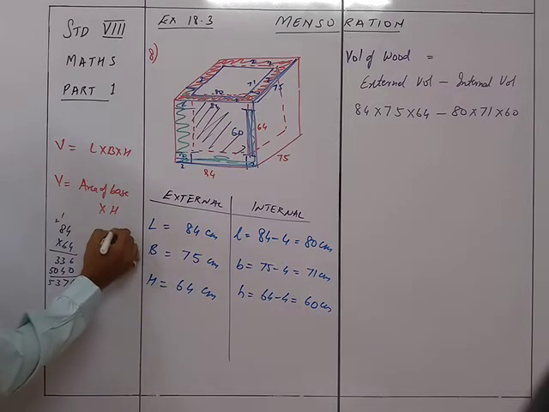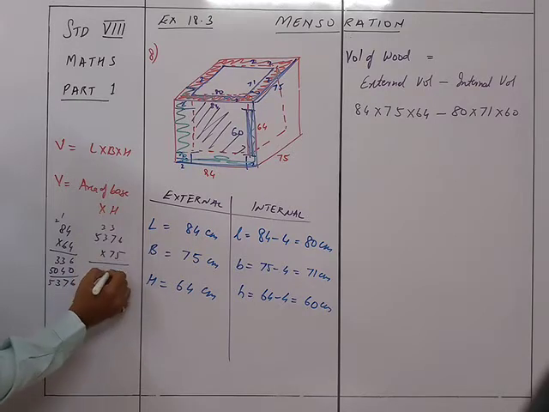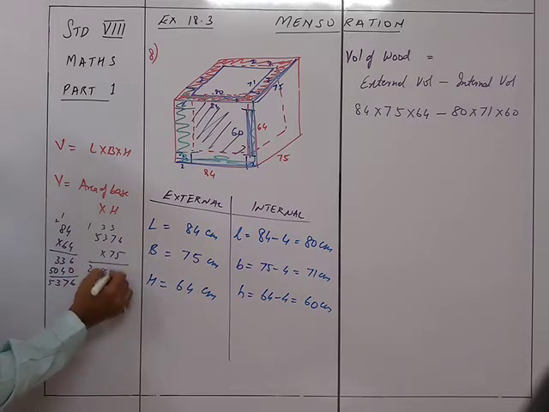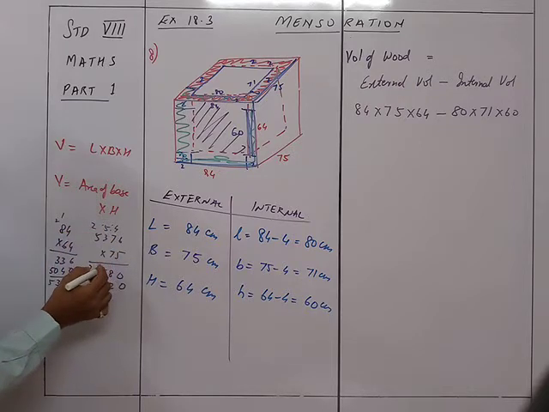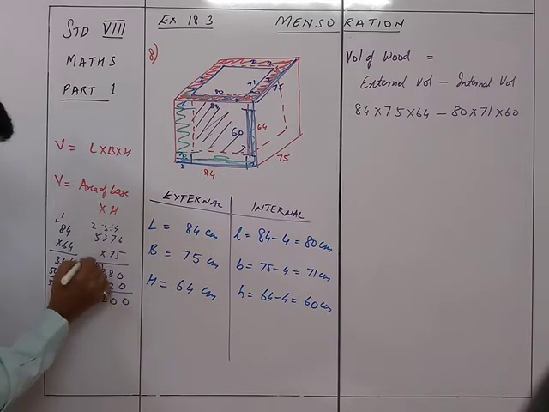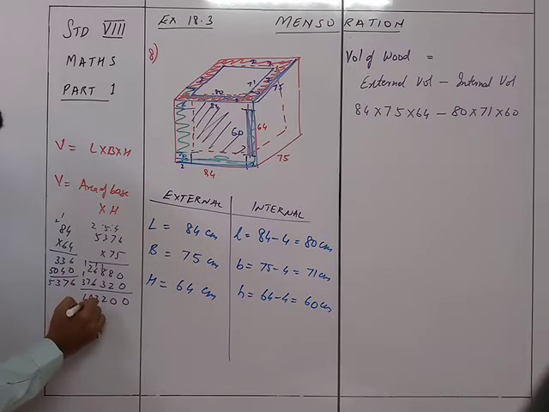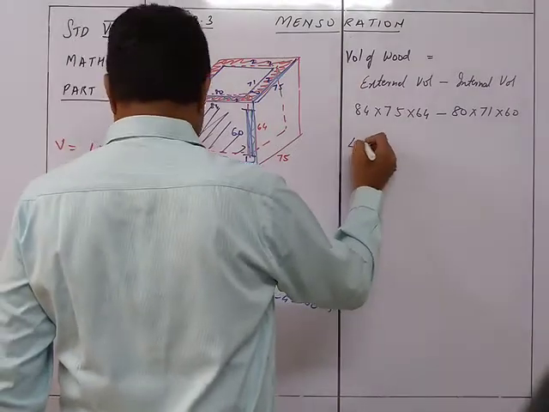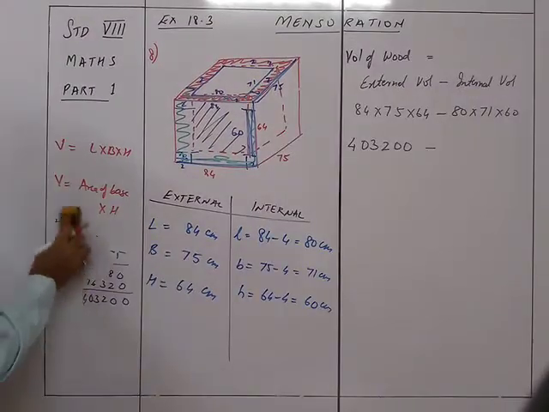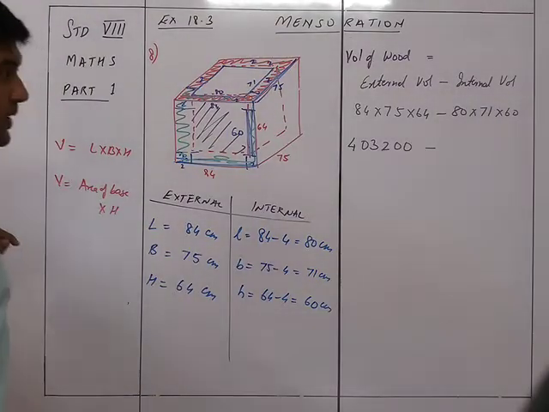Multiplying that out, we get 403,200. Minus.